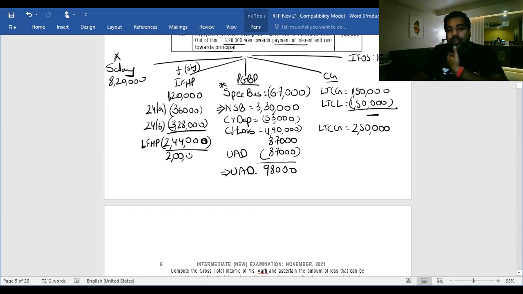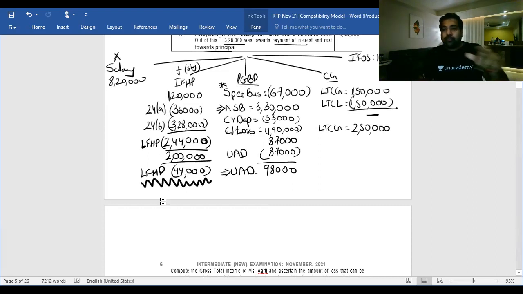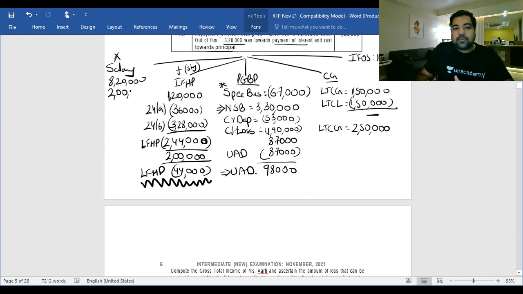So 2 lakhs will be taken. 44,000 loss from house property will be carried forward. So I'm putting this curvy line under it, which means it will be carried forward. And from 8,20,000, 2 lakh is minused. So that leaves you with salary income of 6,20,000. This will be taxable.